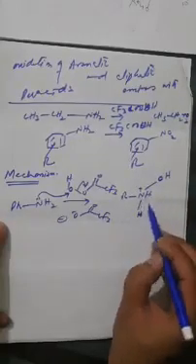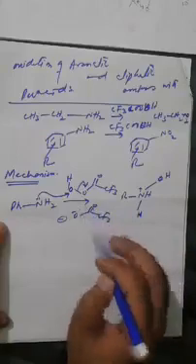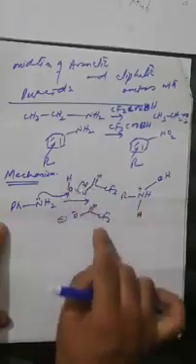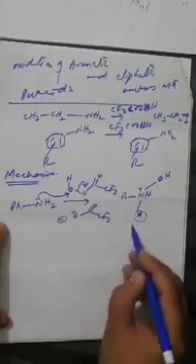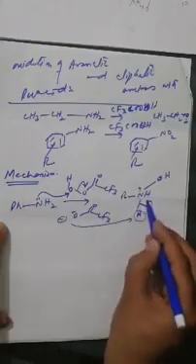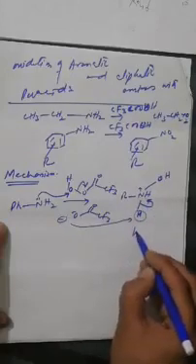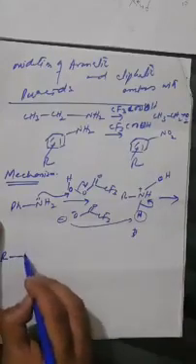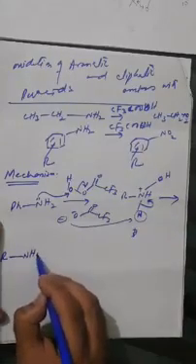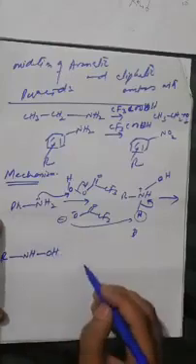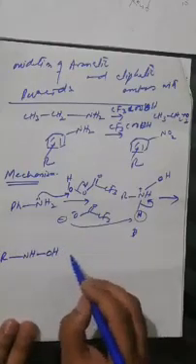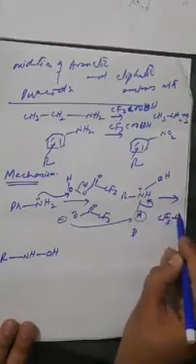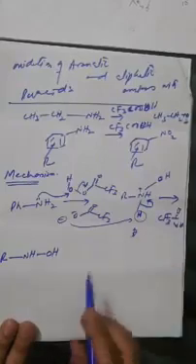What will happen? This trifluoroacetate ion, the conjugate base of this acid, will abstract this hydrogen and this bond will move here. So you will get NHOH and CF3C double bond OH will be formed.